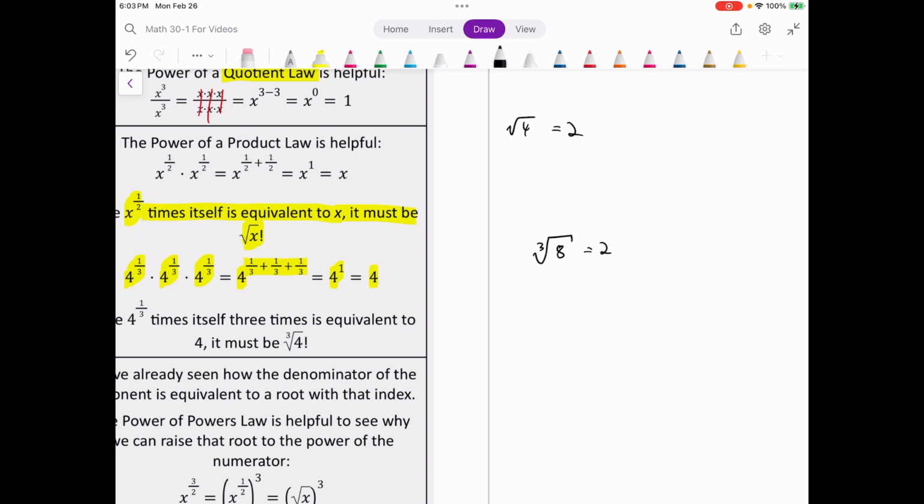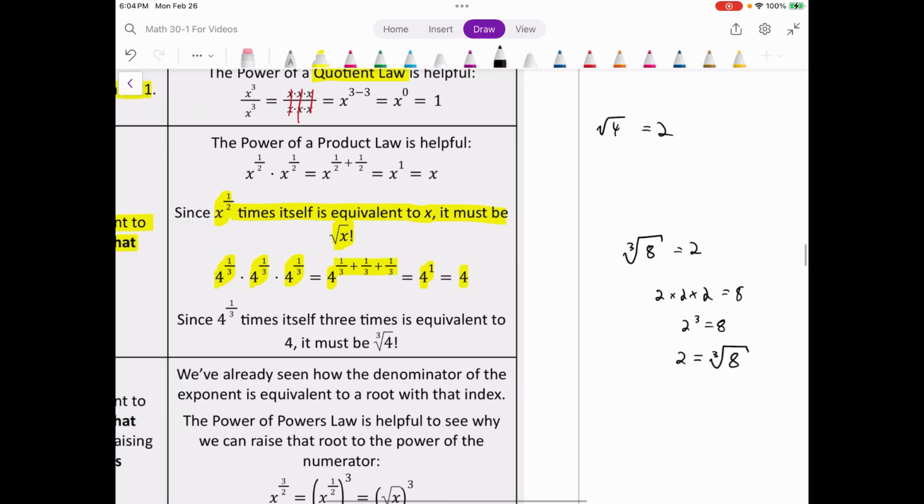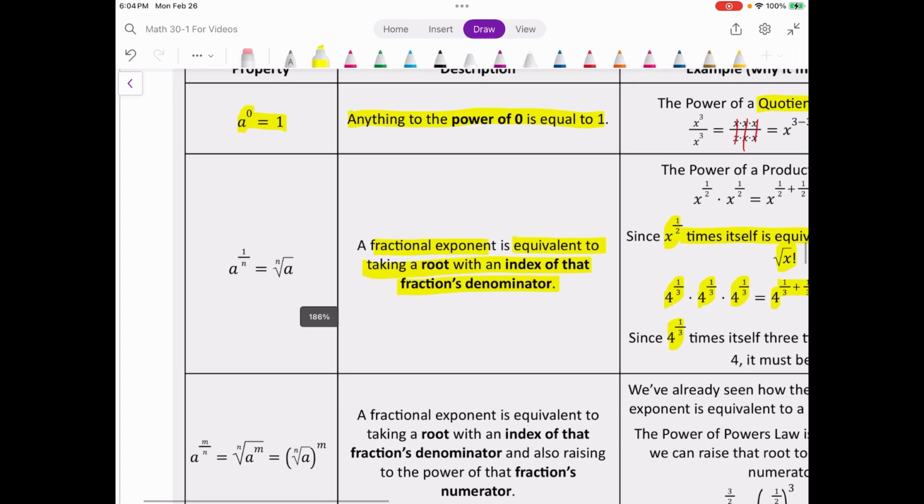It's because 2 cubed is 8, right? 2 times 2 times 2 is 8. 2 cubed equals 8, and so 2 is just the cube root of 8, okay? So same logic being applied here. When I multiplied 4 to the power of 1/3 by itself 3 times, we can see that it comes out to equaling 4, right? So 4 to the power of 1/3 has to be equivalent to the cube root of 4. So that is where this one comes from.